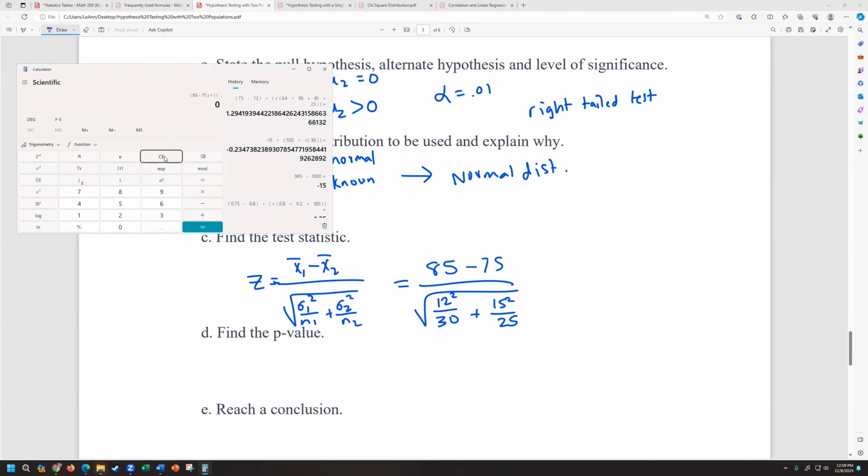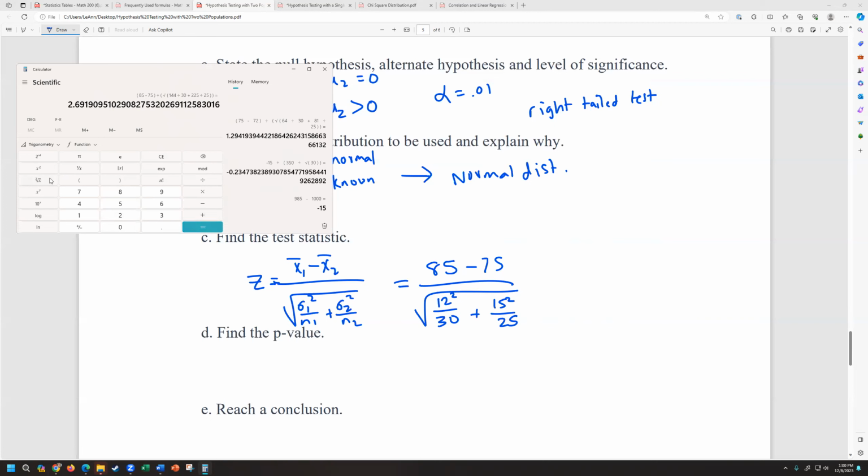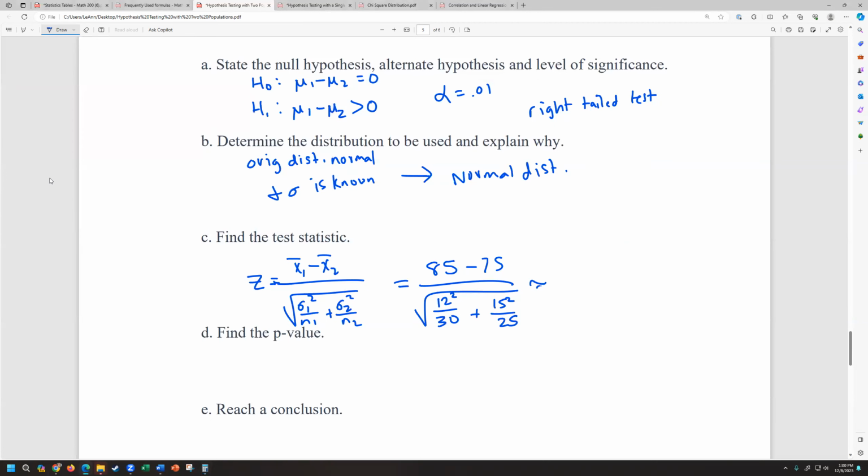I can also square those in my head, but you could use your button if you want to on your calculator. 144 divided by 30 plus 225 divided by 25, close that parentheses, take a square root of that group, close my second parentheses, and hit enter. And since we're doing z-score, I can just go to 2 decimal places, so 2.69.